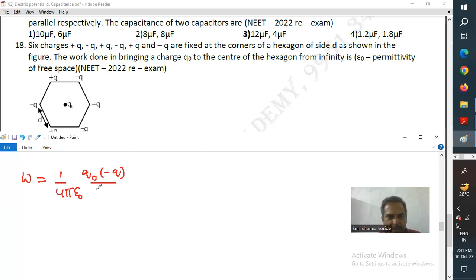The distance is anyhow the same, R, plus 1 by 4 pi epsilon naught. Now, plus Q, left side of the previous minus Q, Q0 and plus Q, divided by R, plus 1 by 4 pi epsilon naught.